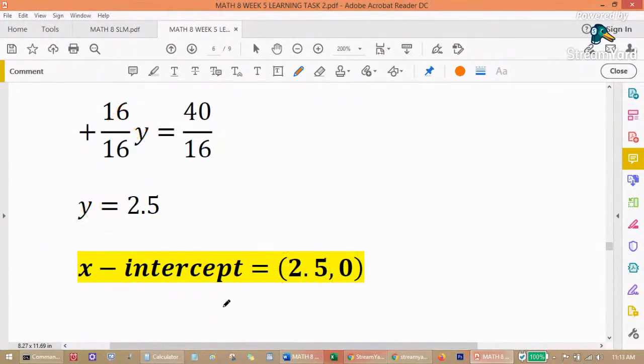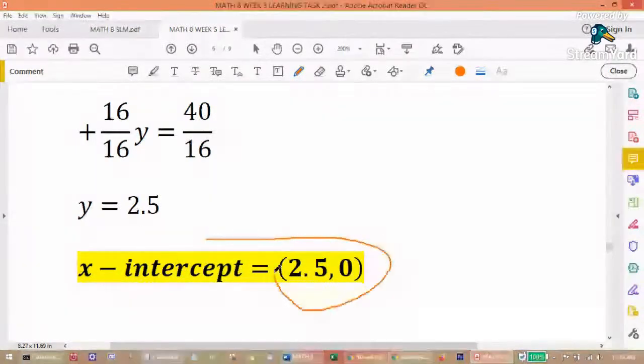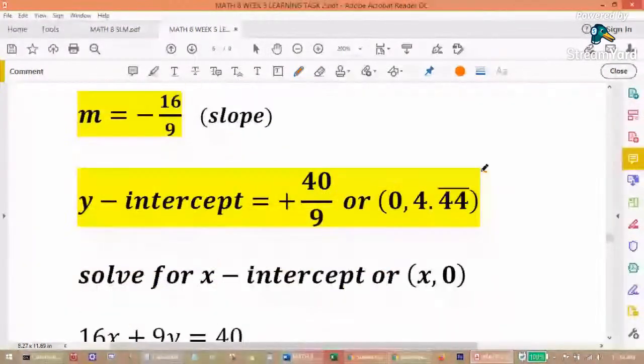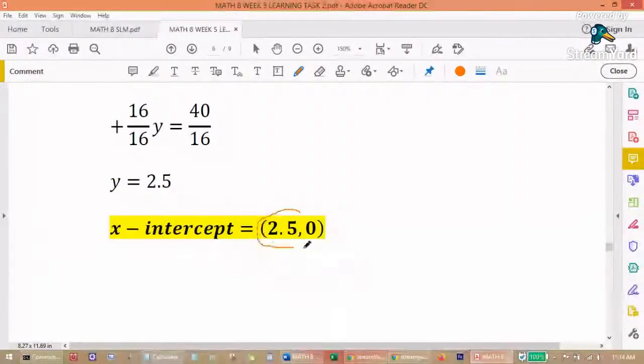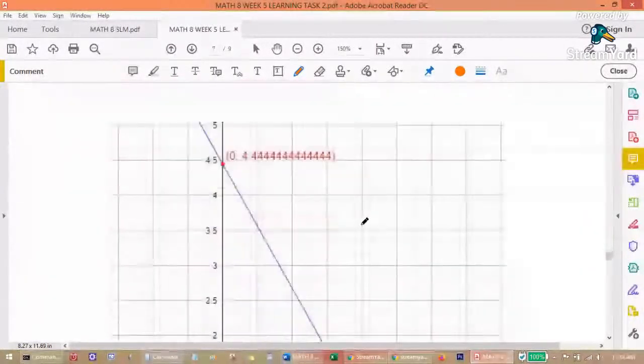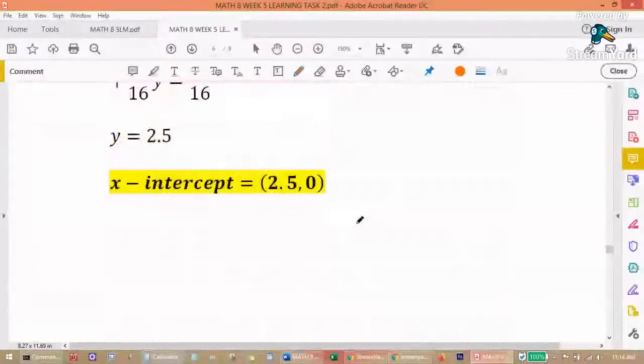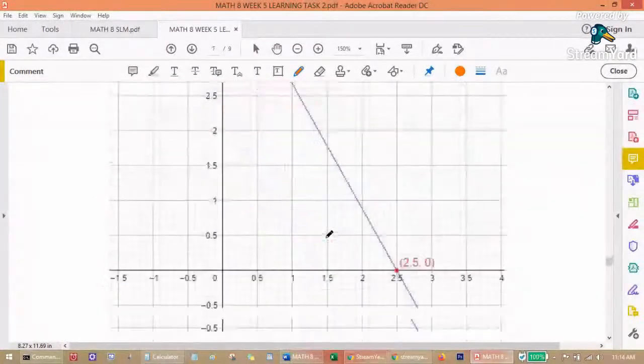So meron na tayong dalawang point, x-intercept and y-intercept. Pwede na tayo mag-graph. Unahin muna natin itong medyo mas madaling i-graph kasi eksakto 2.5, no? So nasaan ang 2.5 ng x?